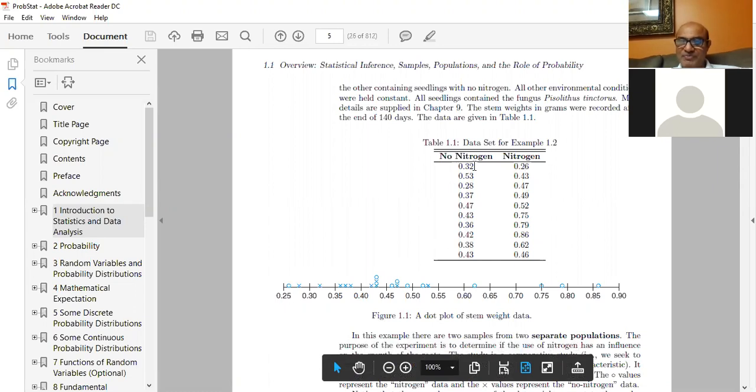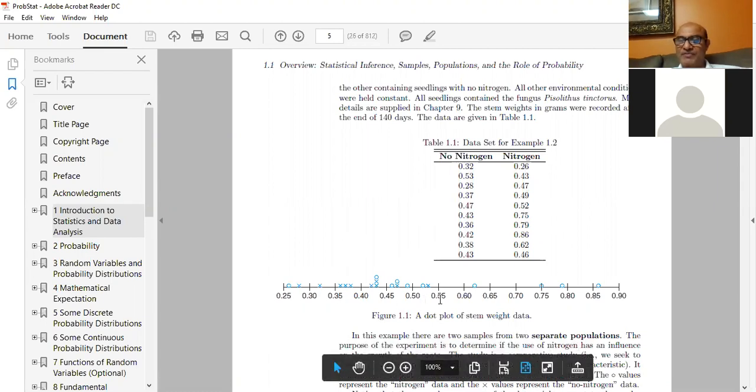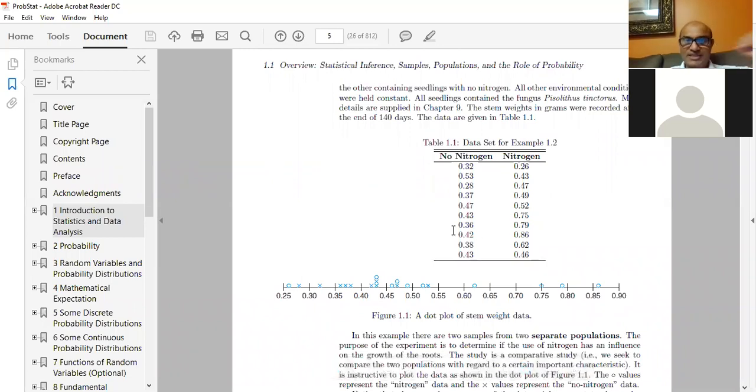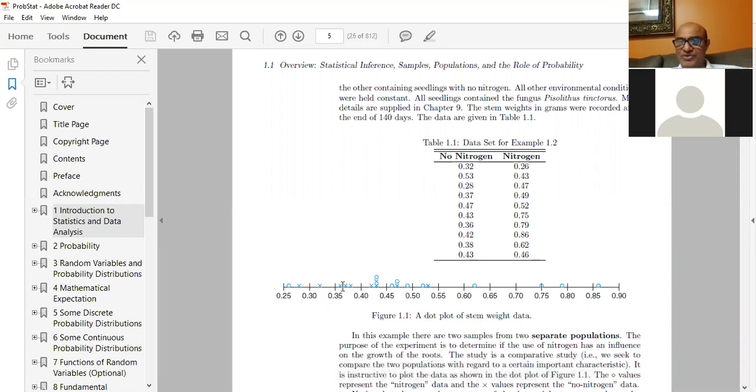Based on this, we make standard partitions: 0.25, 0.30, 0.35, 0.40, 0.45, 0.50, 0.55, like this up to 0.90, because our numbers are between 0.25 and 0.9. And then 0.32 I put over here. So no nitrogen I denote by X, or you can say cross, and nitrogen I denote by O, or you can say circle.